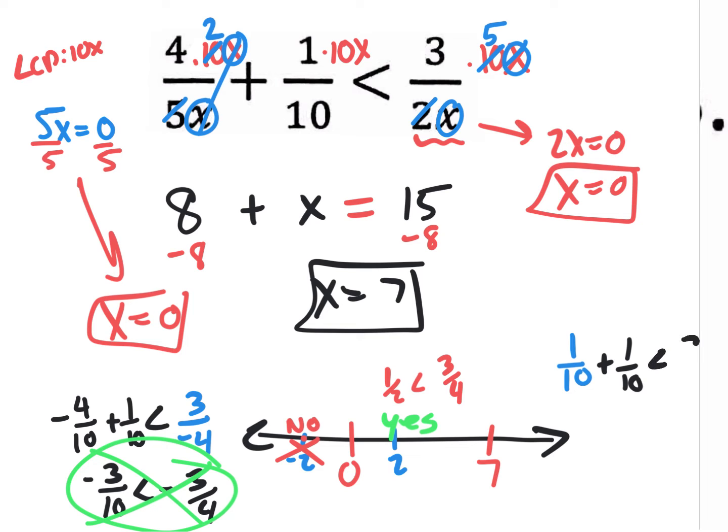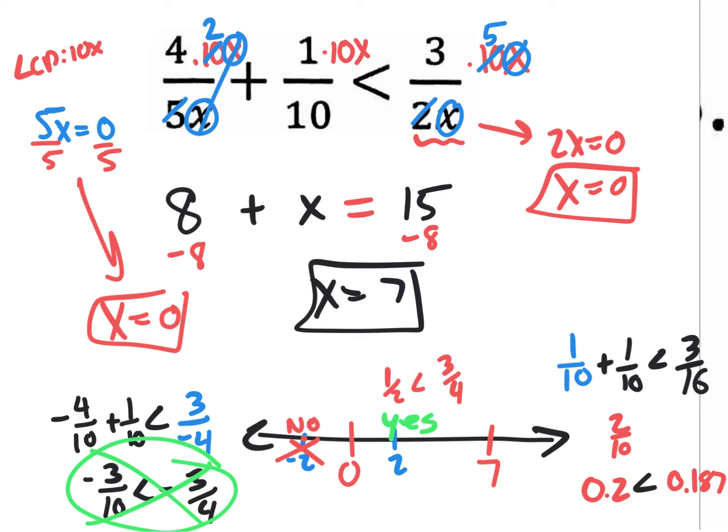So it should be less than 3 over 16. So 1/10 plus 1/10 is 2/10. As a decimal, that's 0.2. And that should be less than 3/16. 3/16 with the calculator, 3 divided by 16. I don't know what that is. 3 divided by 16. Change that to a decimal. It's 0.1875.